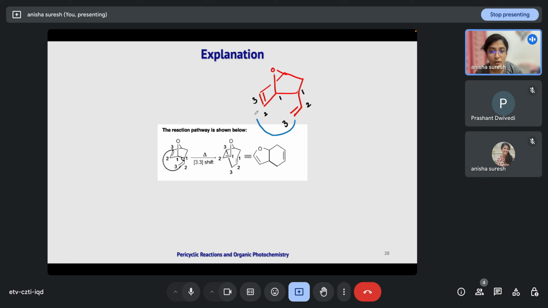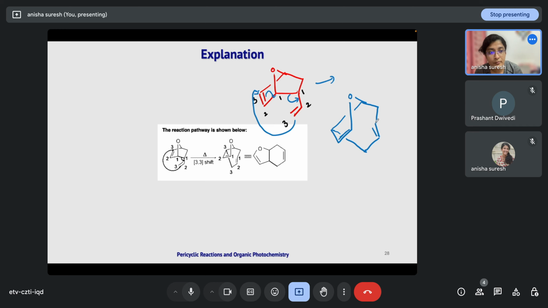So a bond will be formed between these carbons, and the resulting product will be like this. 1, 2, this bond will be breaking and a new bond will be forming between these carbons, and here a new double bond will be forming.